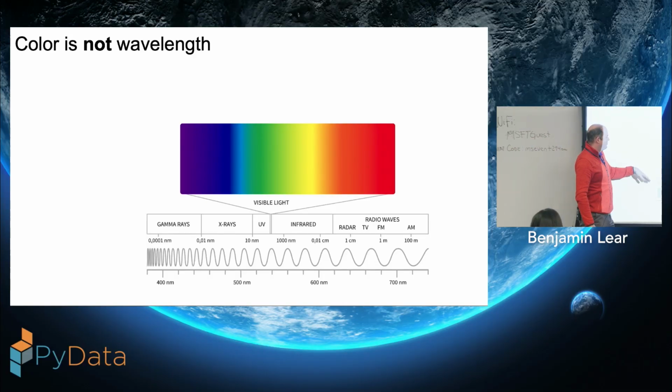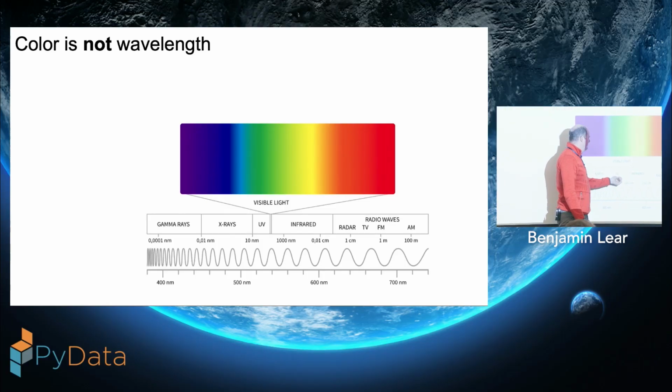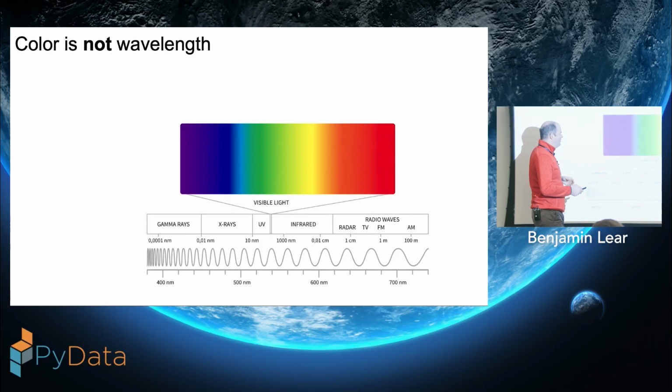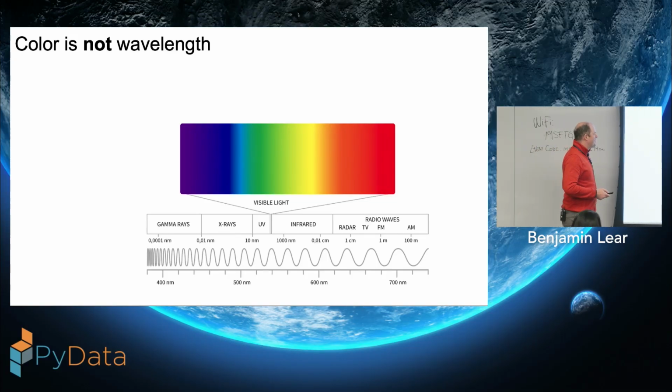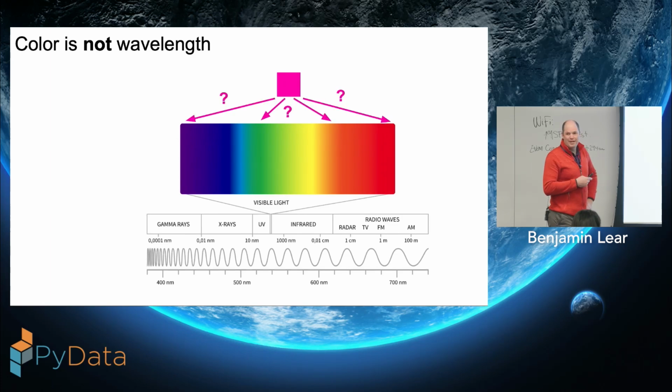Here's all the different electromagnetic radiation, and there's this narrow wave that we all see, and then here's the rainbow, and so there's all the colors. And I never once questioned this story I was telling myself. And then one day I was reading something about this, and somebody pointed out that magenta exists. So here's magenta, and it's nowhere in this spectrum.